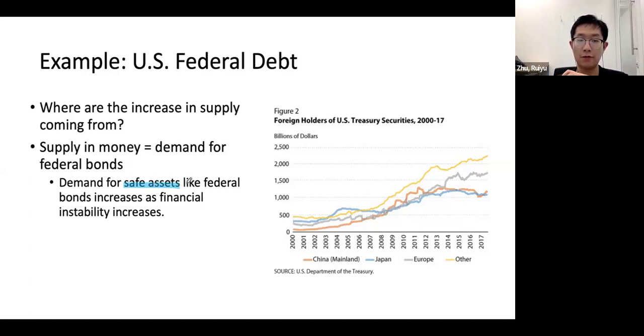So during this time, the demand for safe assets like federal bonds will increase a lot as financial instability increases, right? Because people regard federal bonds as safe assets because they pay a very stable payback and the credit of the US government is really good. So after the crisis, other countries have an increase in the demand for such assets. So that's equivalent to our supply of money.